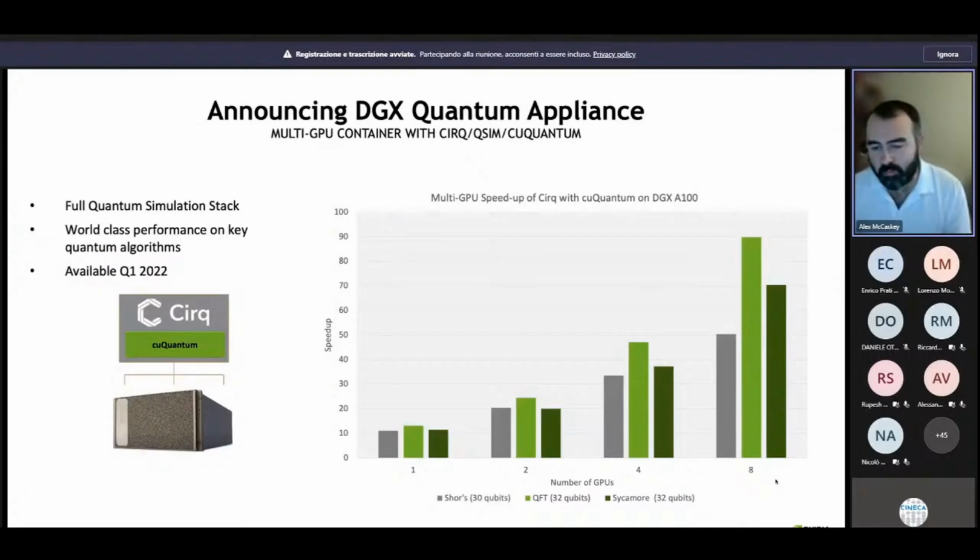Moving this to more of a multi-GPU approach is where we're headed. The big product offering from NVIDIA, or one of them on the hardware side, is this DGX A100, right? The DGX A100 comes with 8 A100 GPUs, each having 80 gigabytes of RAM.